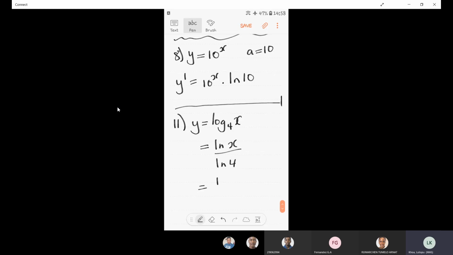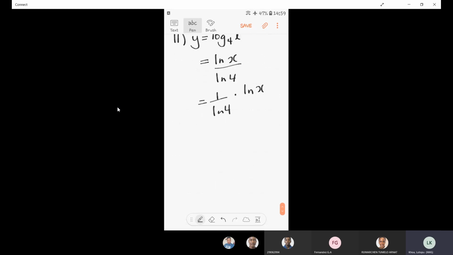And this is just the same as 1 over ln of 4 times ln of x. This 1 over ln of 4 is a constant, it's a number multiplying a function of x. So if I want to work out the derivative of this number multiplying my function, I should just work out the derivative of my function and then multiply it by my constant.